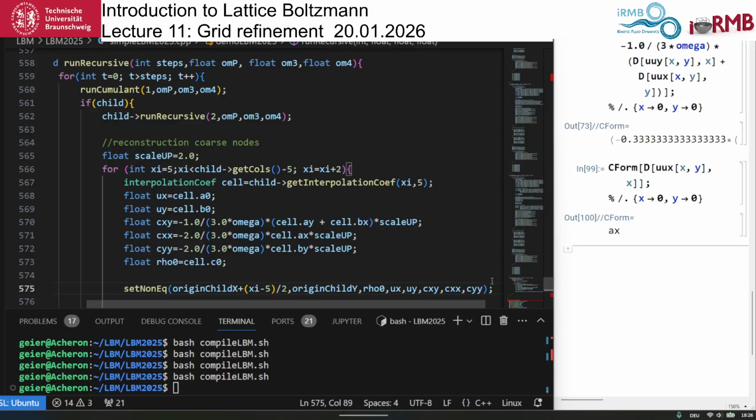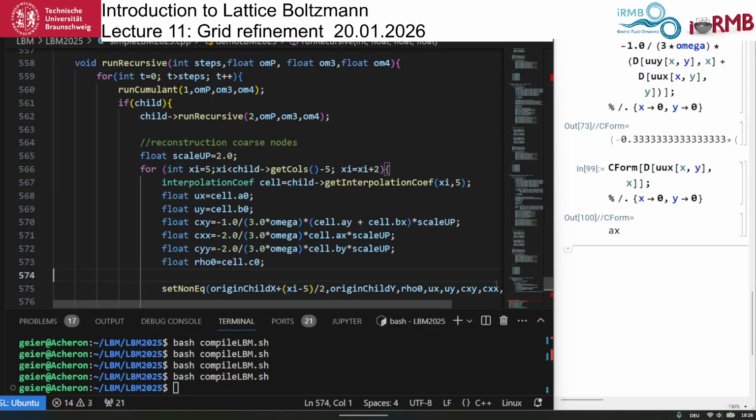Now within the same loop, we can do one more, because now we did the one line and then we do the other line, right?